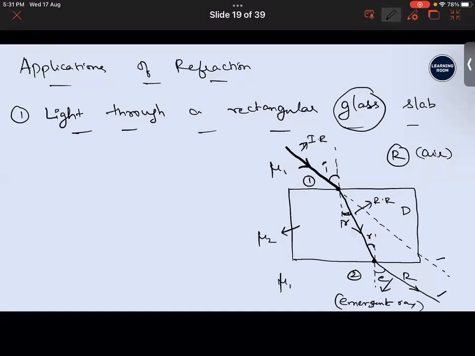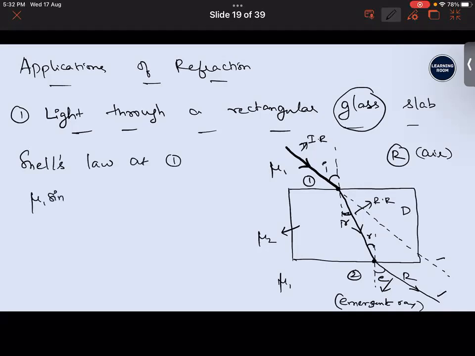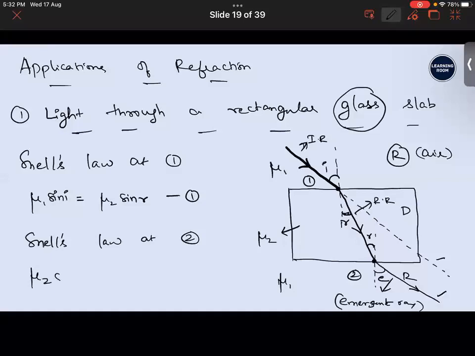For that, we will apply Snell's law at point 1. When you apply Snell's law at point 1, you have mu1 into sin I is equal to mu2 into sin R. Let me call this equation number 1. Similarly, if I apply Snell's law at point 2, then it becomes mu2 into sin R is equal to mu1 into sin E. Let this be equation number 2.